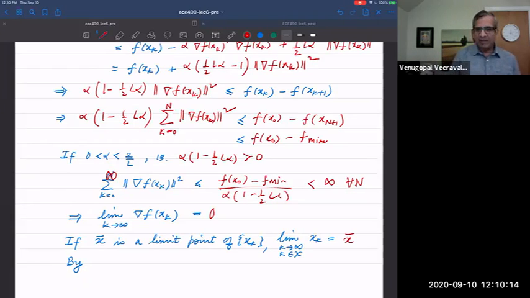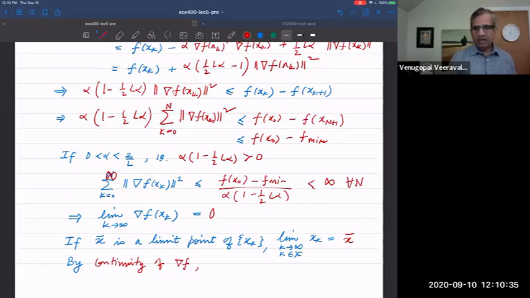Again, now we exploit the continuity of the gradient of f, because we assume that f is continuously differentiable, right? We did the same thing last class in the proof of the convergence of Armijo's rule.